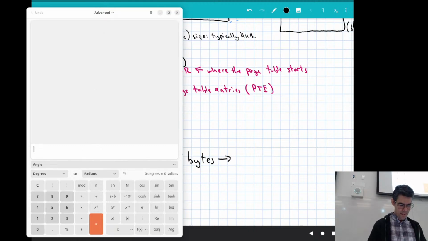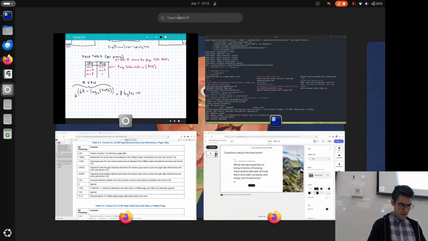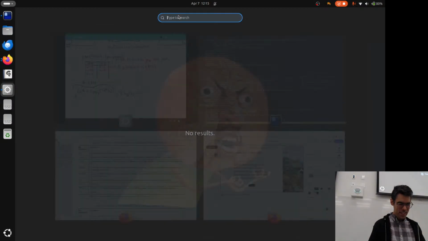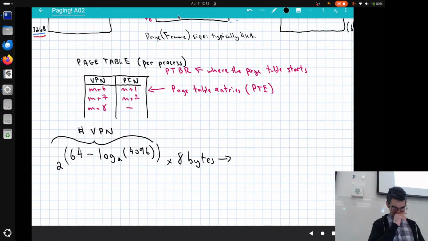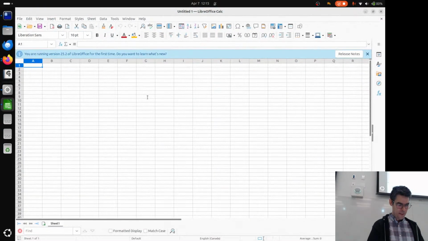We've got 64 minus log base 2. Can I do this? Oh, I didn't practice this. You know what? This is ridiculous. I'm going to start a spreadsheet because this is where I practice doing this. And so this is what I'm going to stick to here.